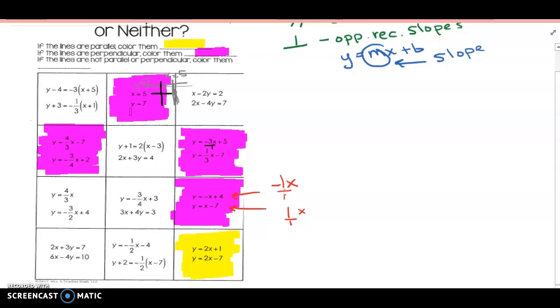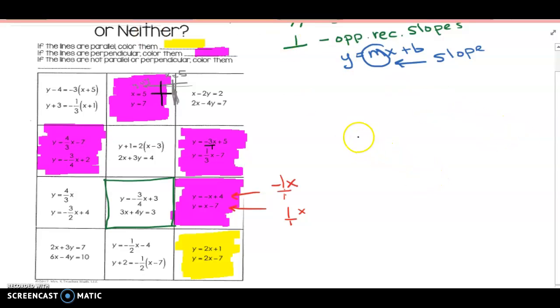All right, now we do have some that are a little bit tougher, that aren't as obvious. So I'm going to look at this square right here. So let's look at this square a little closer. So y equals -3/4 x plus 3. That's pretty obvious. But this 3x, oh, let me move it over some. I'm going to run out of room here.